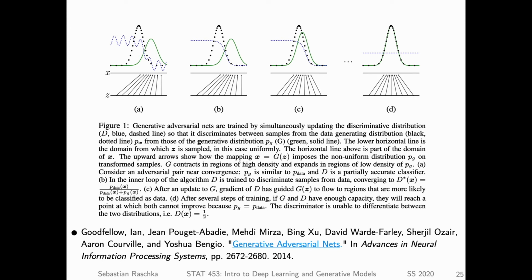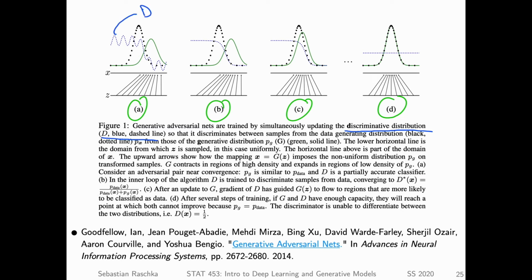A lot of things are going on in that figure, so let's unpack that step by step. The first thing to notice is that there are 4 steps, A, B, C, and D. Before we start talking about step A, let's annotate it. Going through the figure caption, we can see there's a discriminative distribution, D, the blue dashed line.